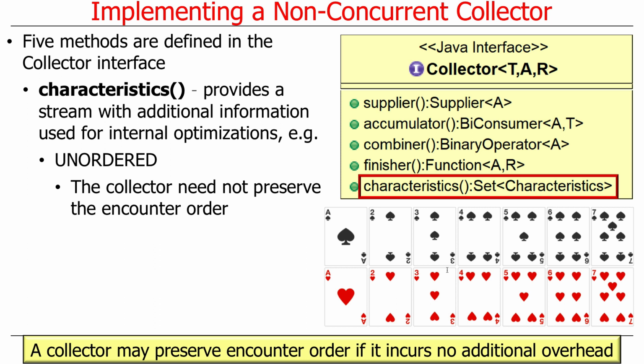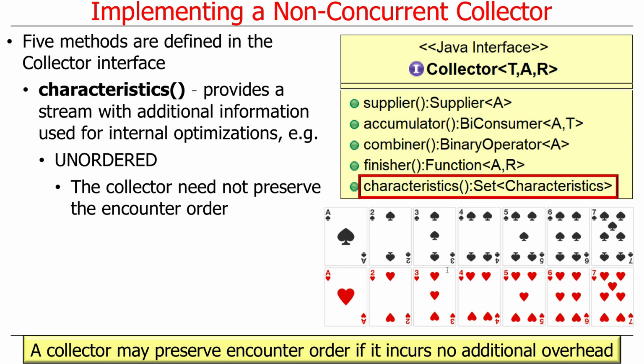Now, it turns out this ordered versus unordered characteristic really only matters for parallel streams. And I'll talk about that more later. The reason is that if you want the collector to order something, then there's extra work required to make sure that after everything runs in parallel, the results are presented in encounter order, because you have to basically store everything and then make sure that they go back in the right order.